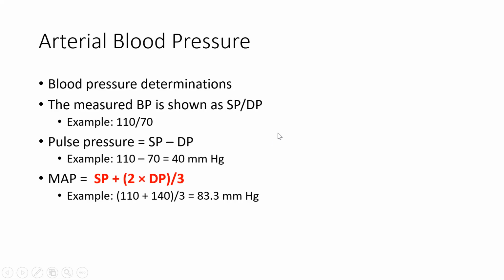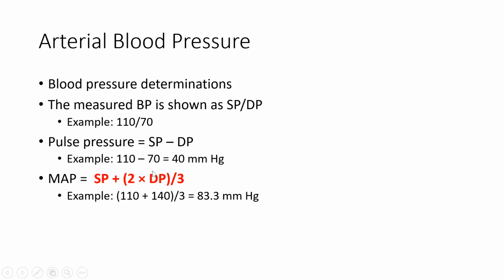And so if we think about a really stiff artery, a stiff artery is not going to recoil as well as we would like. And so what we'll see is that the diastolic pressure would be much lower. Remember, we said that during diastole, what keeps the pressure maintained is the recoil of that artery. And so if we have a really stiff artery, it's not going to recoil as well during diastole. And so we're going to get lower diastolic readings.